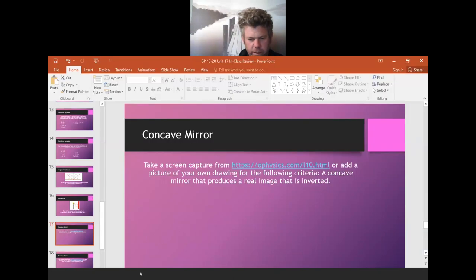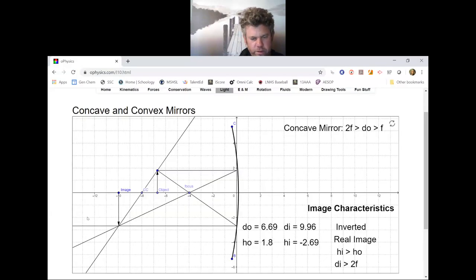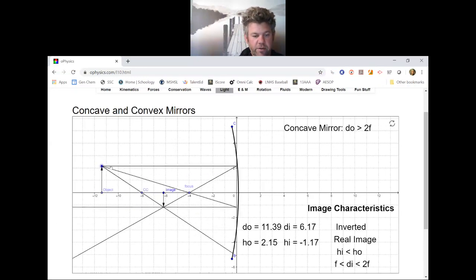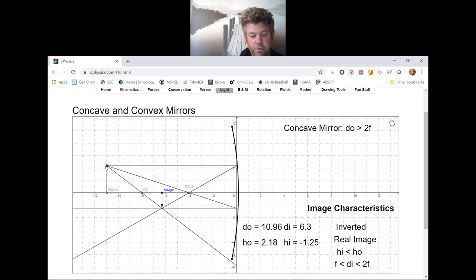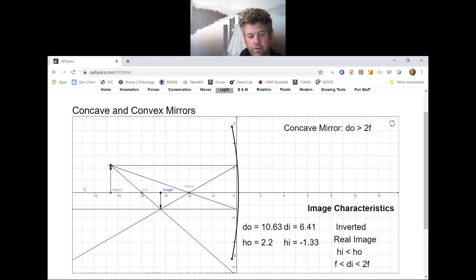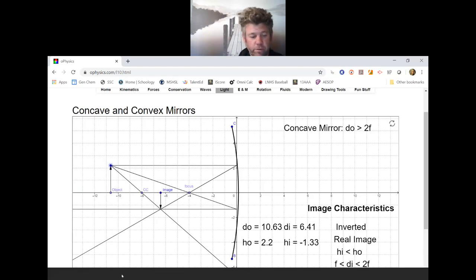We want a concave mirror, real image, inverted. Look at that. It gave it to us right off the bat, right? As long as that object is somewhere beyond the focal point, you're going to get a real image that's inverted. So that's what that one looks like. Anywhere outside of the focal point produces that.